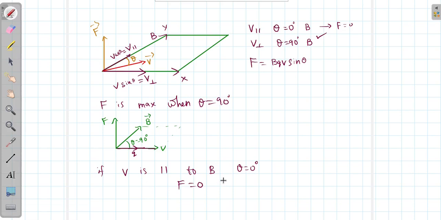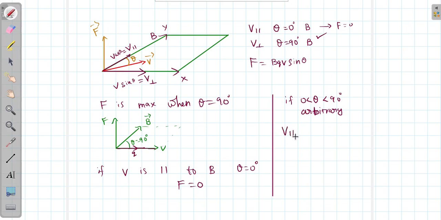And one more thing. The third case is when theta is not equal to 0 or 90 degree, if theta is greater than 0 and less than 90 degree. So it's an arbitrary angle. In this particular case, the particle will have both components.